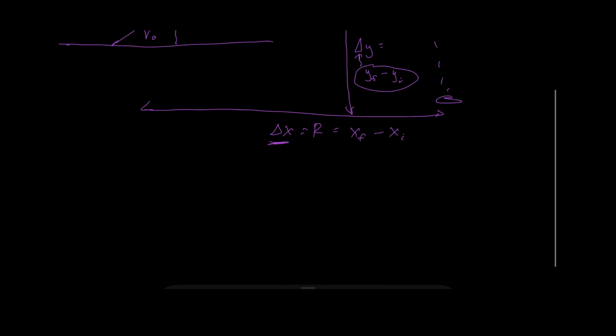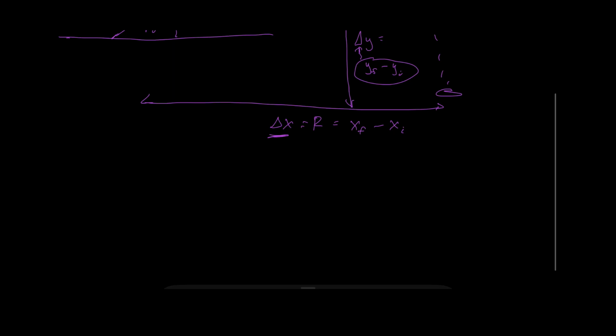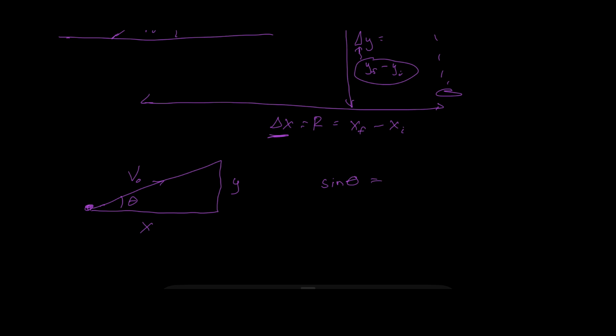So when you're doing your reading, some of you didn't, which is clear, you have this right triangle where the projectile is being launched in this direction, so you have this vector v naught, and then you have your angle theta. From trigonometry, your sine of theta is equal to y, opposite over hypotenuse, right?